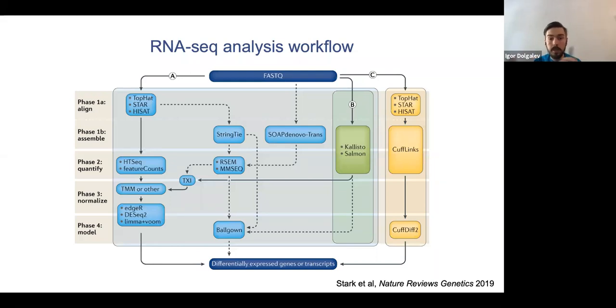So when you normalize, you essentially equalize the sequencing depth and other properties across different samples. Once you normalize, you also then model or perform differential expression. There are a number of different tools that are possible, such as EdgeR or DESeq or Limma, or CuffDiff. And then that gives you differentially expressed genes or transcripts, which you can then use for more downstream analysis.